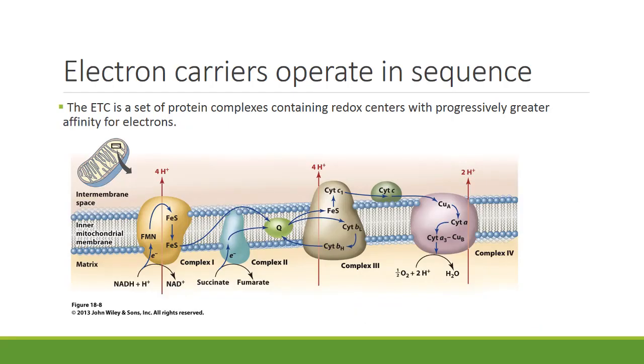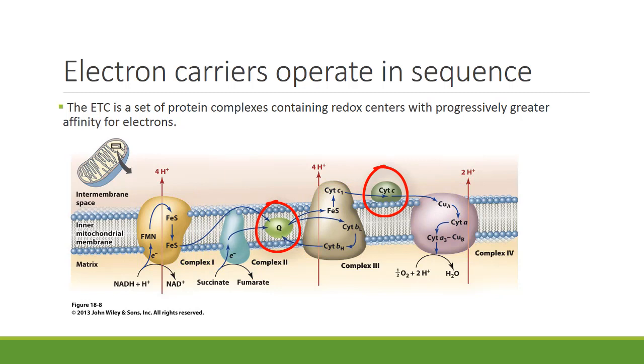Now that we know how to determine the energy released during the ETC, let's look at how this energy is released using sequential steps and multiple complexes. Overall, the ETC is comprised of 4 main multi-enzyme complexes and 2 smaller protein-based electron carriers.